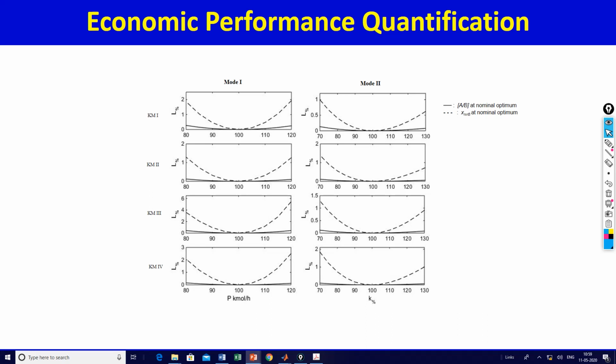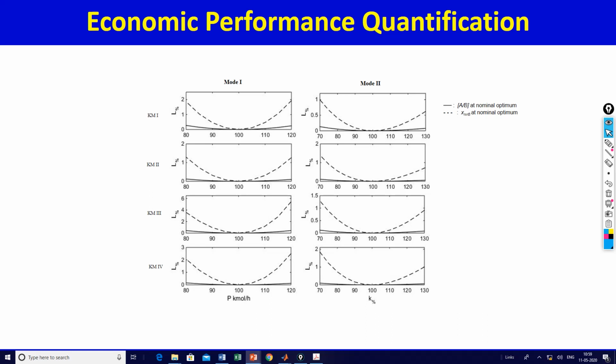When you go from nominal condition to disturbed condition without readjusting the set point, without readjusting U for the new optimum at the disturbed condition, then clearly you will be away from optimum, and how far away from optimum you are is called loss, and you put that on a percentage basis with respect to the actual optimum.